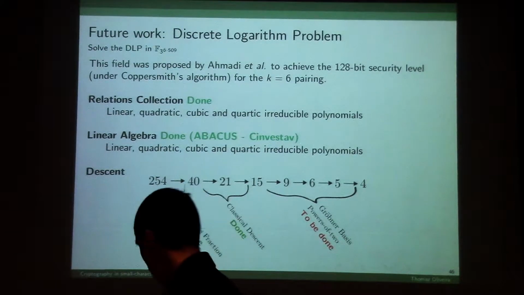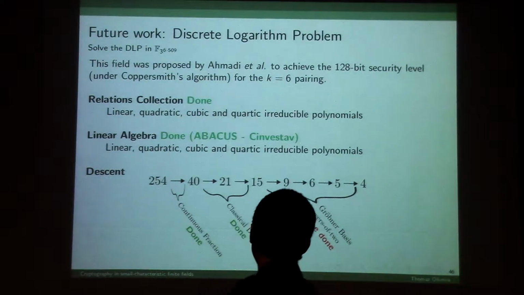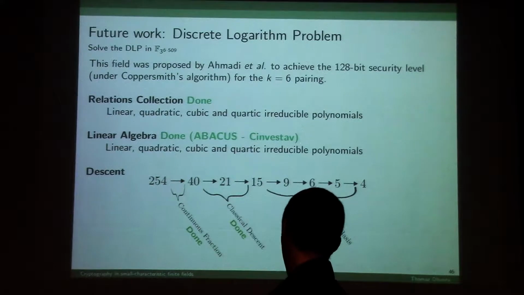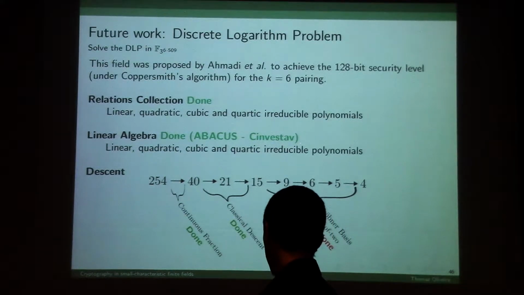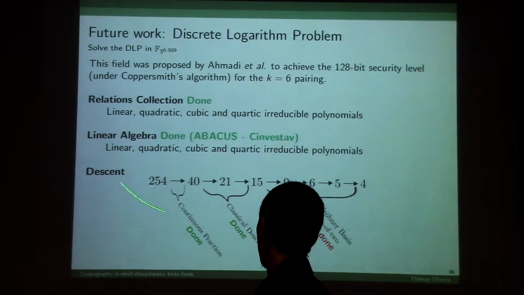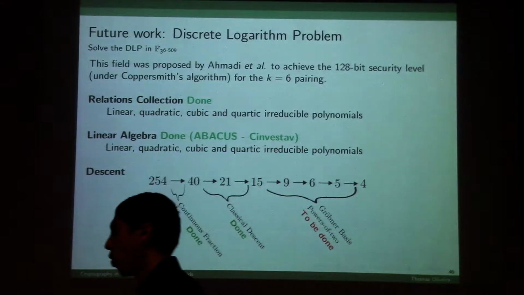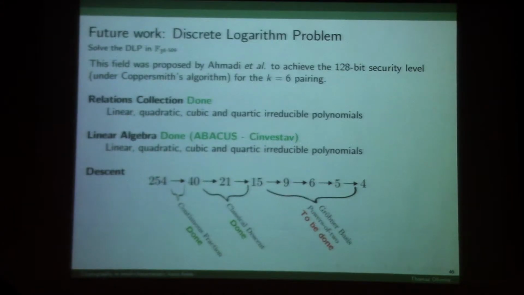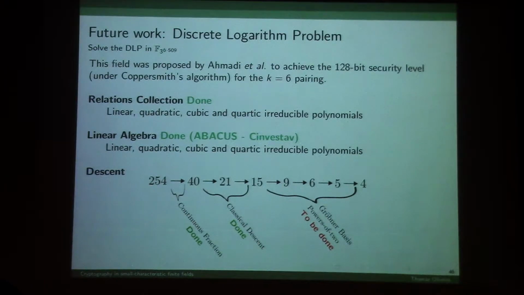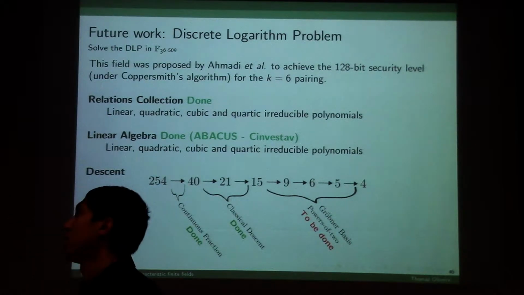Well, one of these operations here, the continuous fraction, we estimated that it could be solved in 1 month using the more than 200 nodes that we have. However, it's a probability that it happens, right?